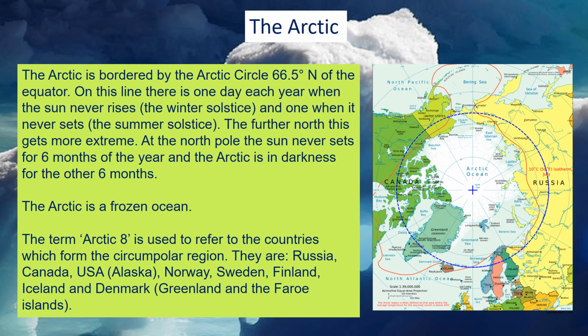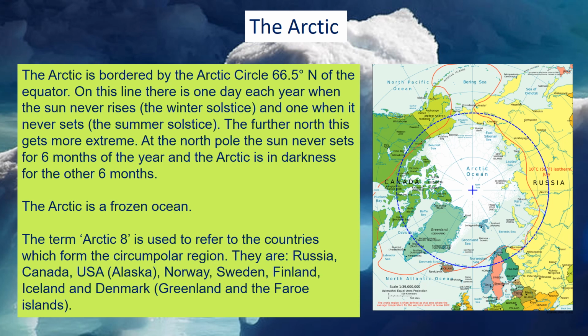Further north of this line, the days get longer in summer and the nights get longer in winter. So at the North Pole, 6 months of the year are in total daylight, the sun never sets, and then 6 months of the year is in darkness.